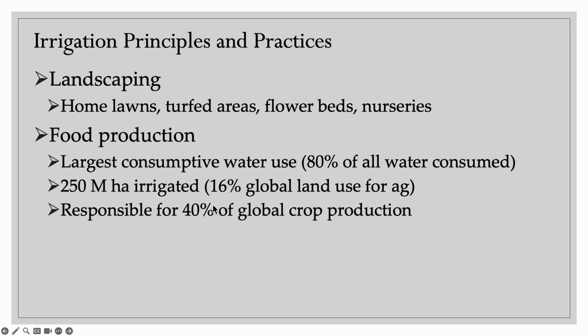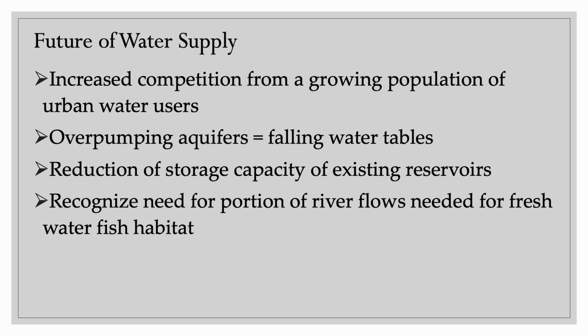We're going to need water for at least 40% of our global crop production. So how do we produce more food without water? That is going to be a big deal, and plants can't grow without water. So water use efficiency is going to be a big thing as we move into the future.